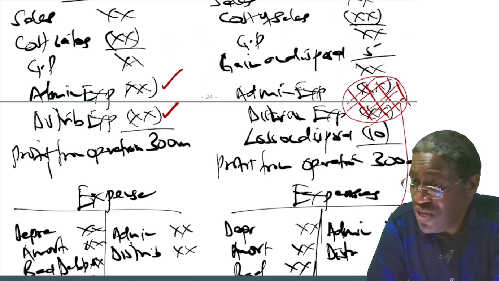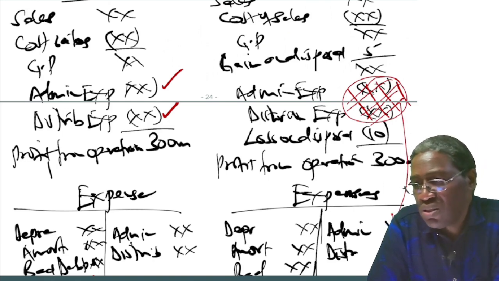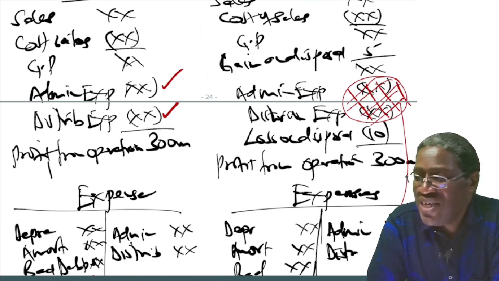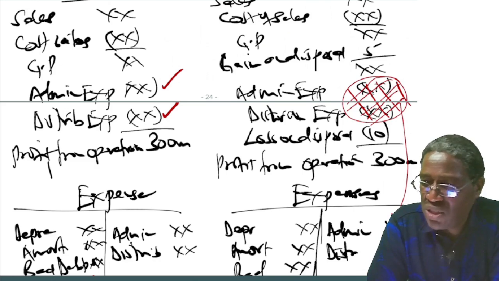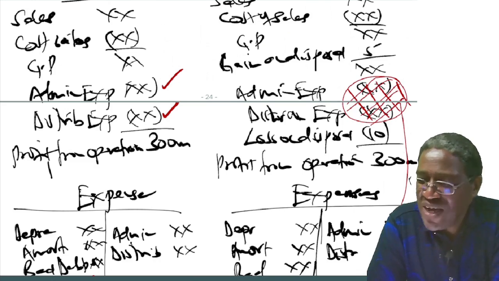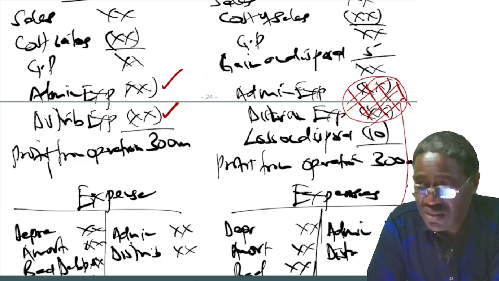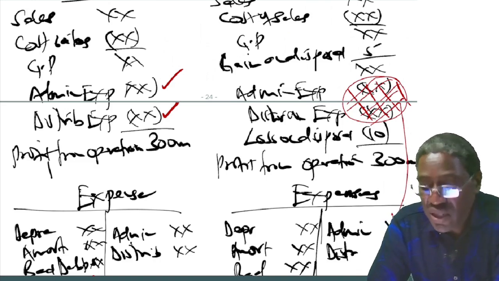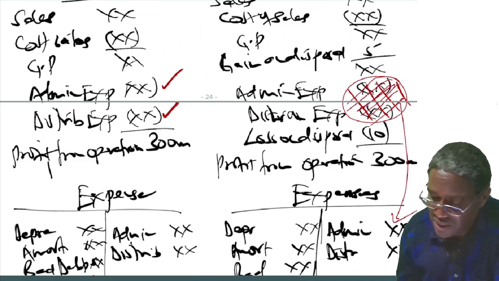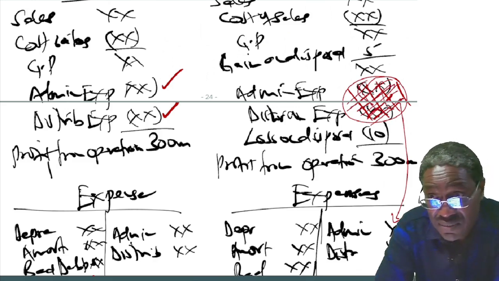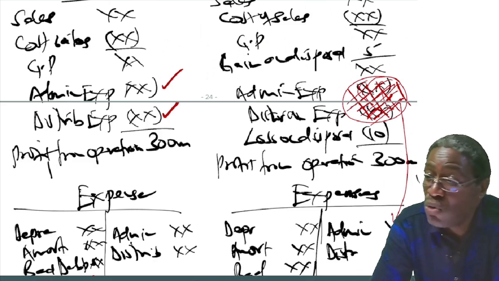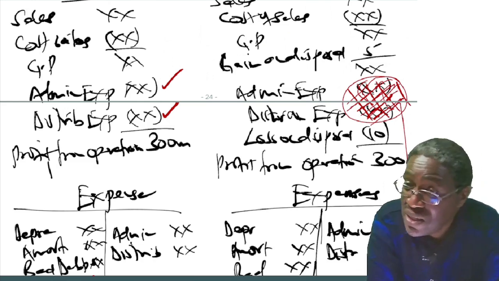So for accountant B, I'll ask myself, as much as it's a non-cash item, is it affecting what I am adjusting? The answer is no. Why? It's not affecting the admin expense. It's not affecting the distribution expense. So it's not affecting the two. So I don't use it for accountant B.